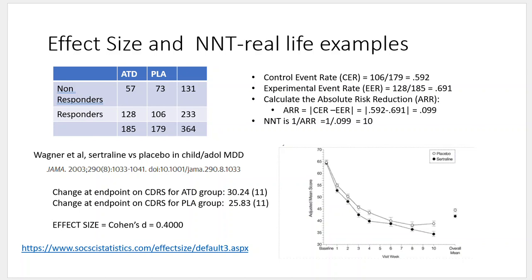They found an effect size, if we look down below there, that if you plug that into the formula I gave you earlier, then we get a Cohen's d of 4. And if you don't like doing the math on your calculator, you can go to that website, and they will let you just plug in your numbers. It'll calculate your Cohen's d for you. So again, this confirms antidepressants have a medium effect size with a relatively high NNT.